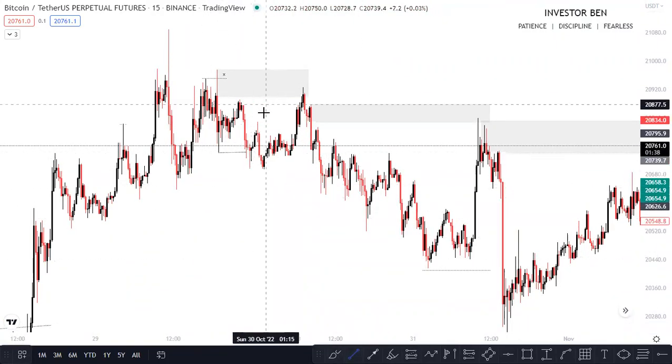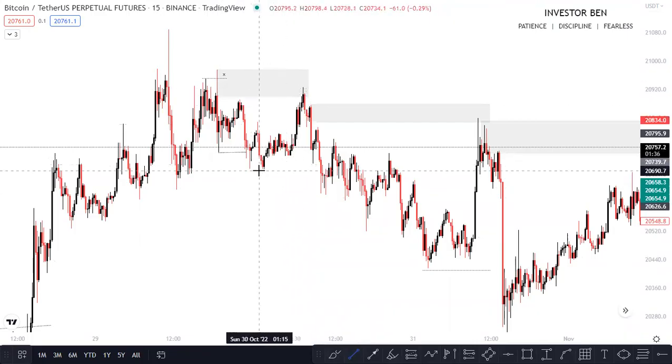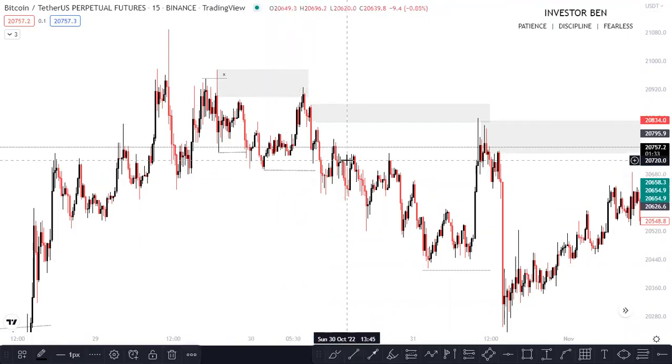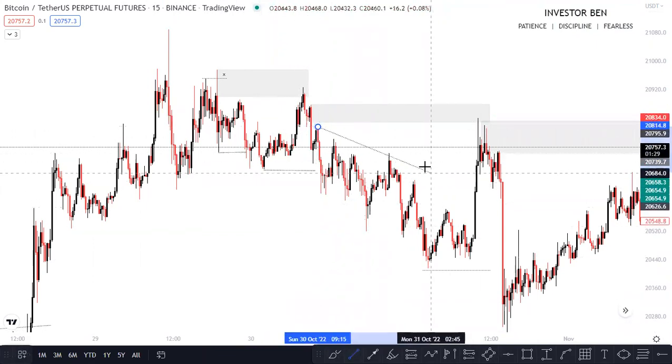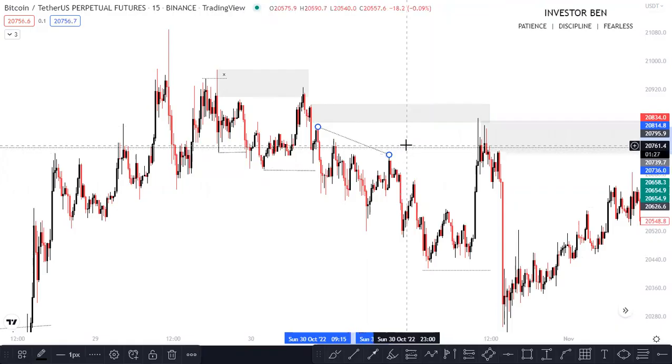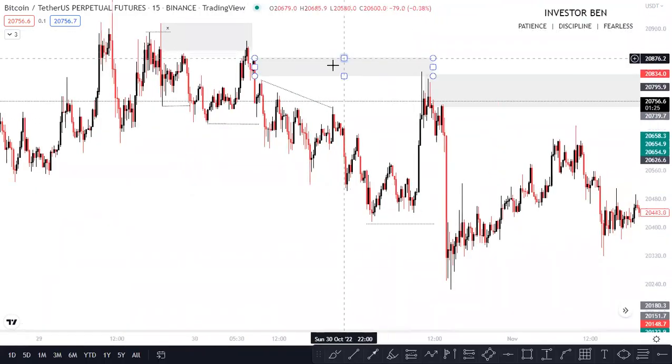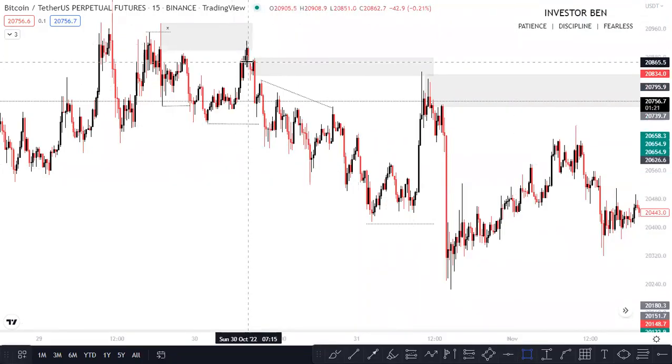Then price came back, sold from here. We broke this low again. Price came back, and all these things are inducements. Price came here, mitigated and sold again from this point.